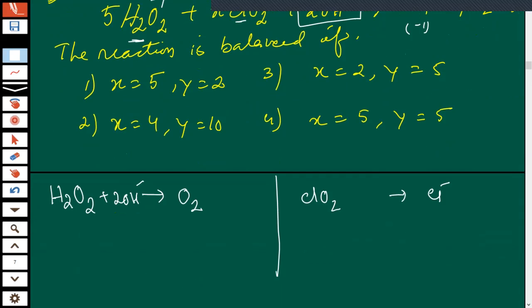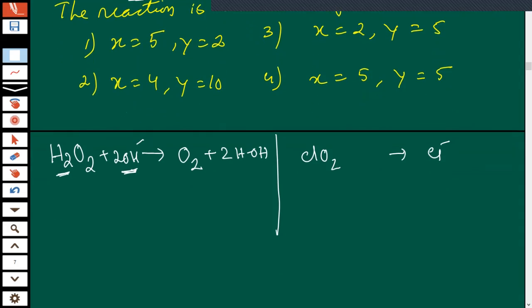And 2 OH minus and 2 H were there, so now you can use 2 water molecules. This is balanced, children. This is the way to balance in basic medium.